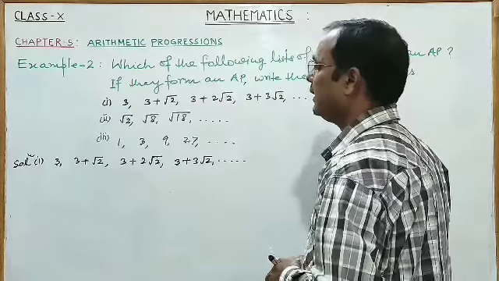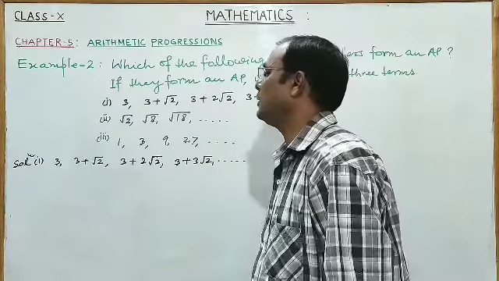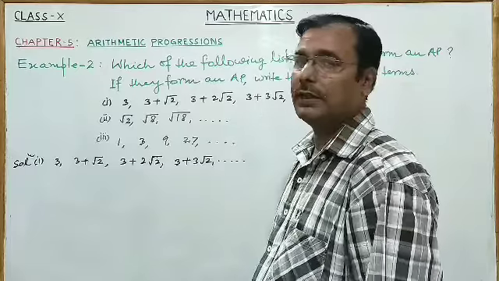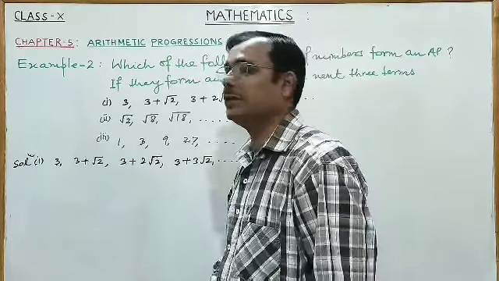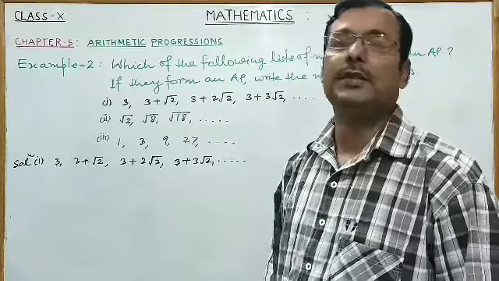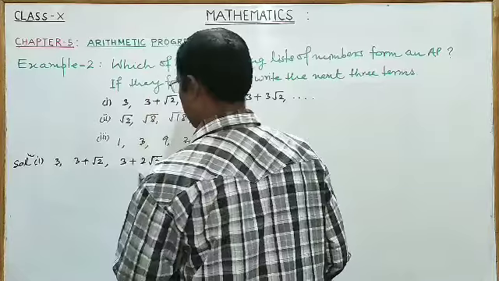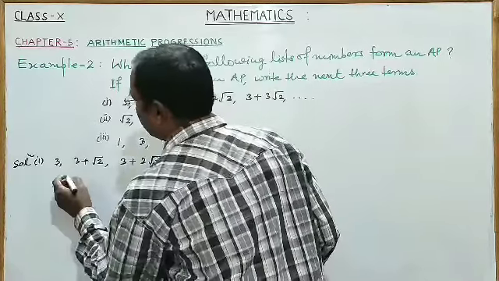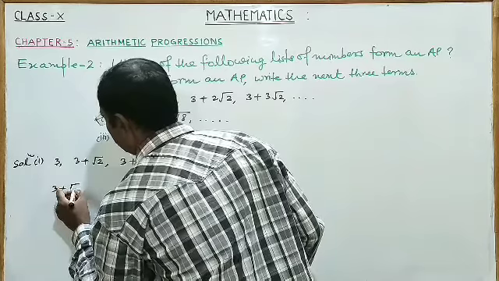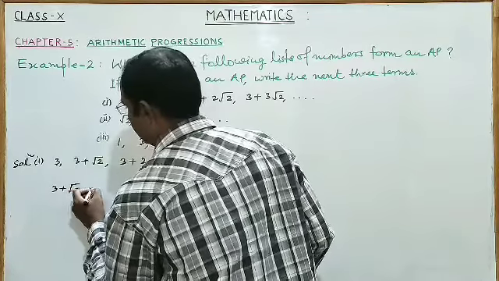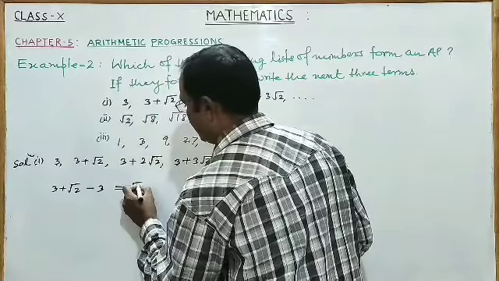Here to decide whether this list of numbers forms an AP or not, we have to check whether the difference between consecutive terms of this list of numbers throughout is same or not. So let's find the consecutive difference between terms. So 3 plus root 2 minus 3 is equal to root 2.